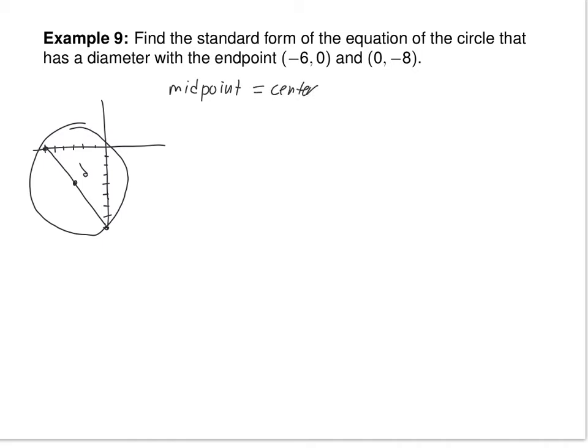To find the midpoint, that's (x1 plus x2) divided by 2, (y1 plus y2) over 2. So I think that's -6/2, comma, -8/2. Does that make sense? You got a nod if you think so. Yes, thank you. I can't read your minds and I don't want to. -3, -4 is my center.